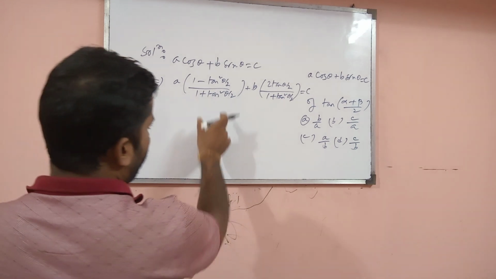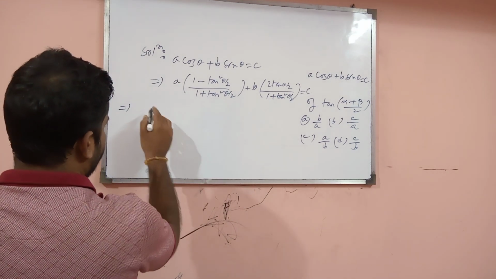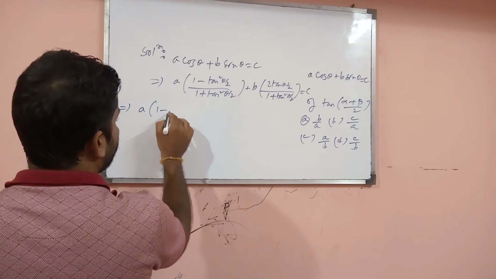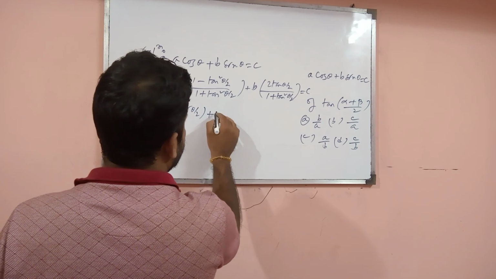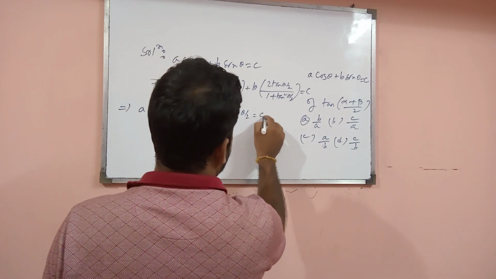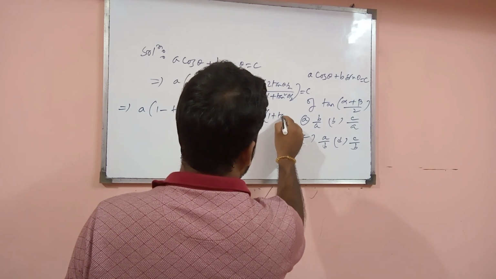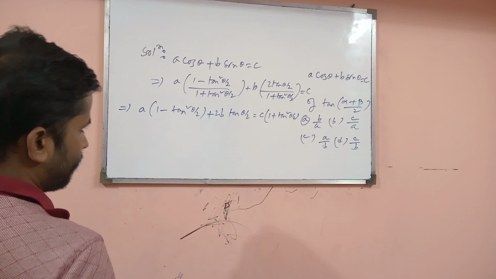So on multiplying each term by 1 plus tan square theta by 2, we shall get a(1 minus tan square theta by 2) plus twice b tan theta by 2 is equal to c(1 plus tan square theta by 2).